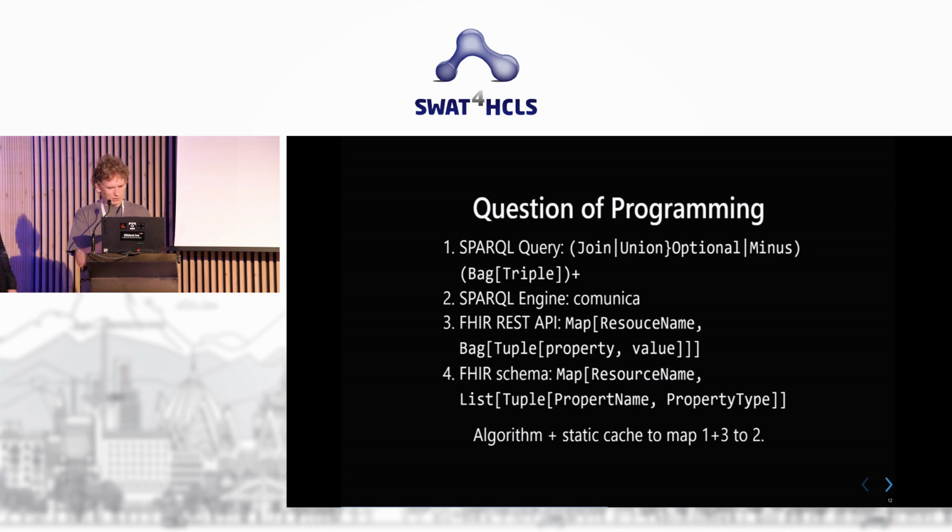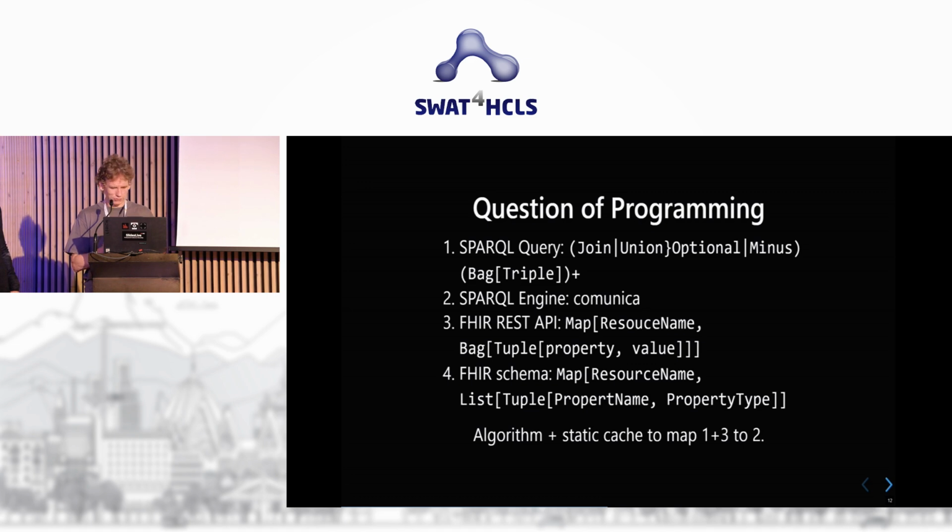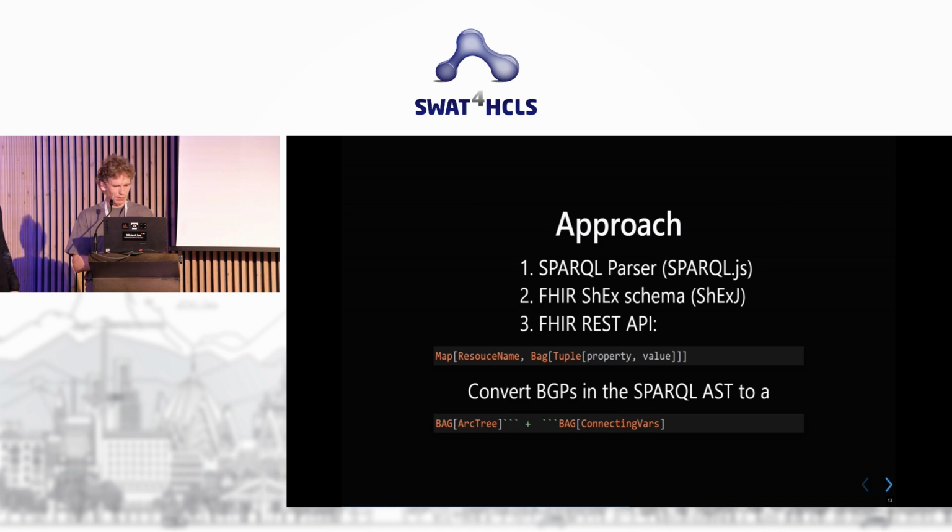FHIR REST API, yeah, we already know about that. FHIR schema, and I think we wrote the FHIR schema down as the method we expressed. We used ShEx to express it because it was easiest to traverse the ShEx JSON. So the goal is to basically produce a bunch of FHIR REST APIs, get the data back, and query it.